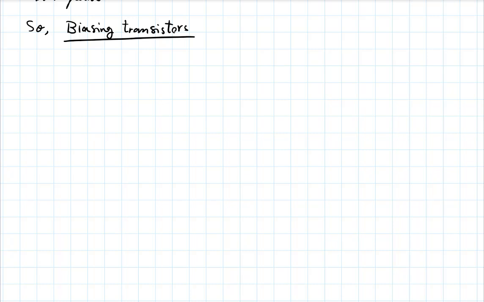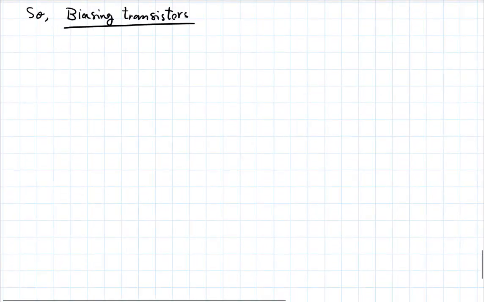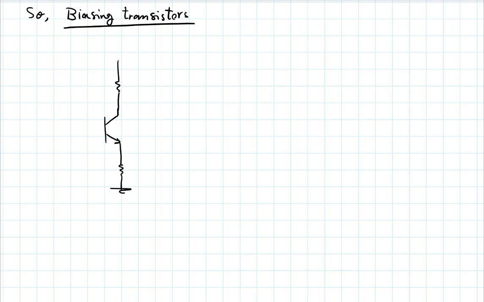Here's one common way of biasing a transistor circuit. Let's say if you wanted to make an amplifier like this, and you wanted to bias it around some current.